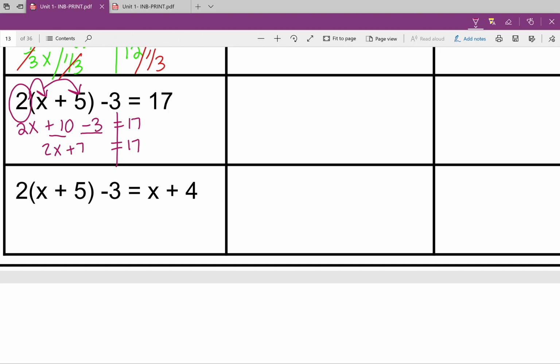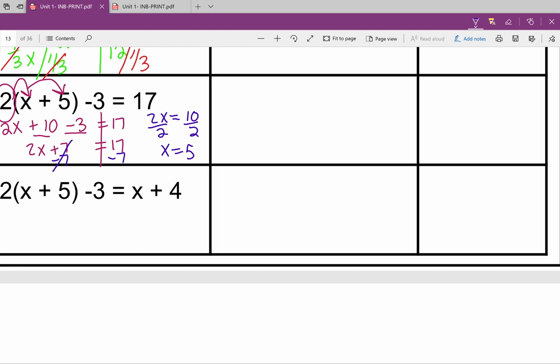Our next step is to subtract 7 from both sides. When we subtract 7, it cancels on the left side, and we're left with 2x equals 10. Then we divide by 2, and we're left with x equals 5. We had multiple steps in this one, so let's write them all down.